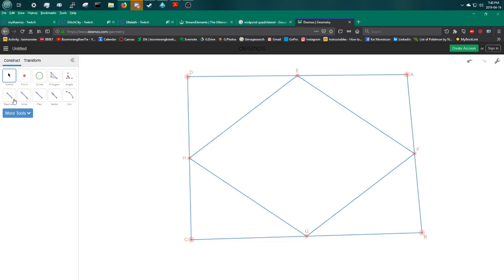I'm going to make some quick segments from B to H, and I'm going to get a measure of that. There we go. And I'm going to take another one. I'm going to go from B to E, from there to there. So I'm going to go around and get two sides of every single one of these triangles that we're seeing.